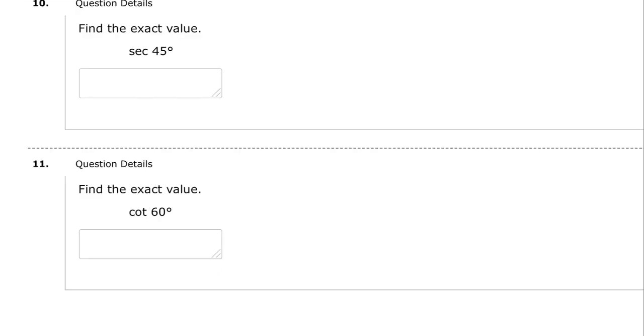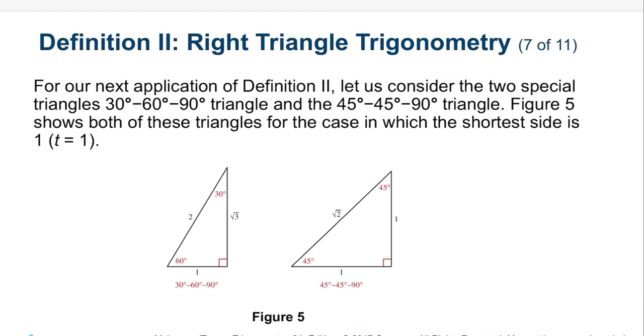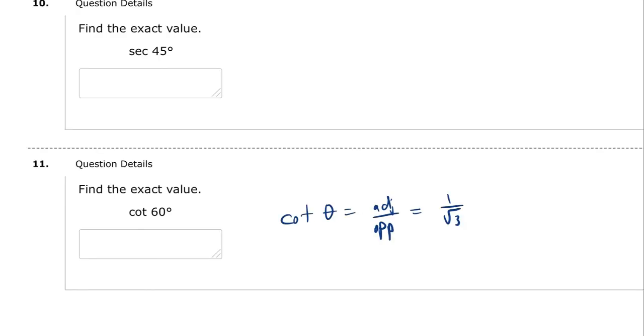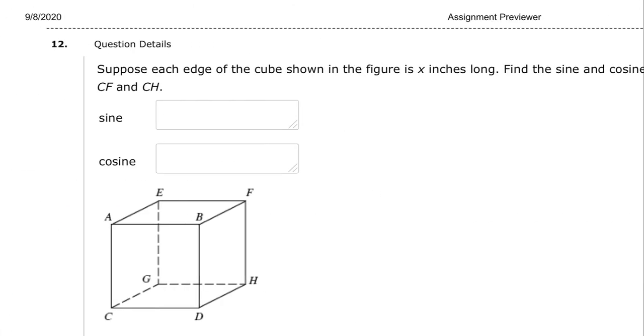Let me double check that. Adjacent over opposite. Yeah, 1 over radical 3. And we can rationalize and get radical 3 over 3.